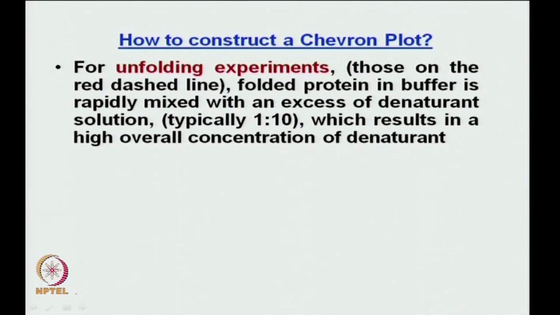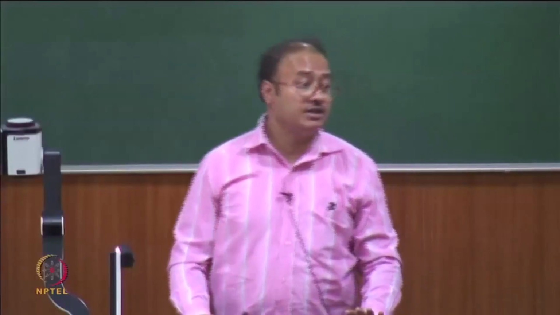Remember, I told you have to mix it very rapidly, it is rapidly mixed with an excess of denaturing solution. Typically, it says 1:10, which results in a high overall concentration of denaturant, and once you have given a high overall concentration of denaturant, then you are sure that the protein is going to the unfolded state as defined by that final denaturant concentration. Okay, as defined by that final denaturant concentration.